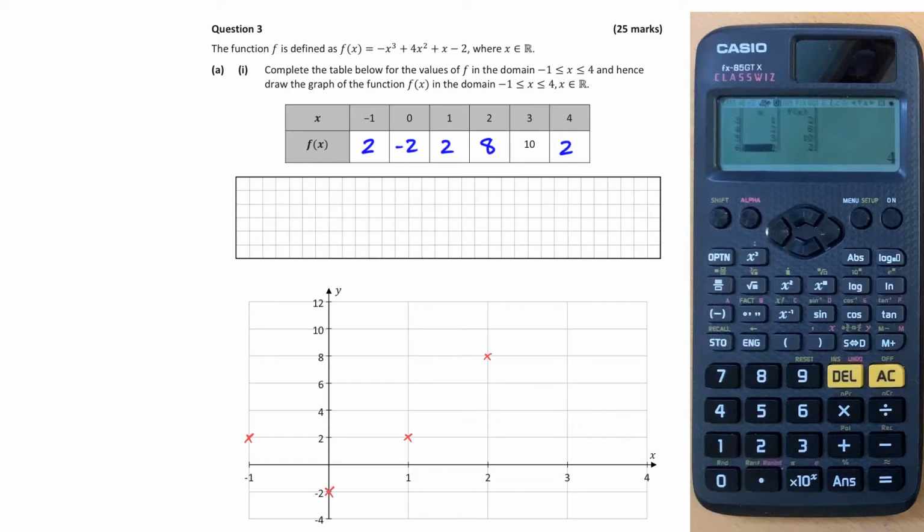And 3 and 10 is going to be here. And 4 and 2 is going to be here.